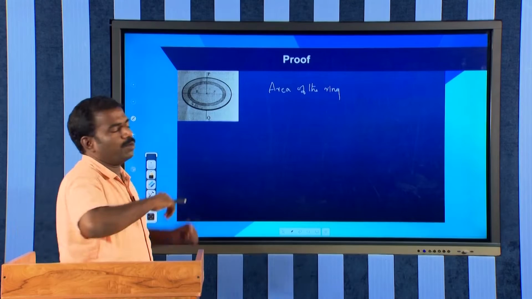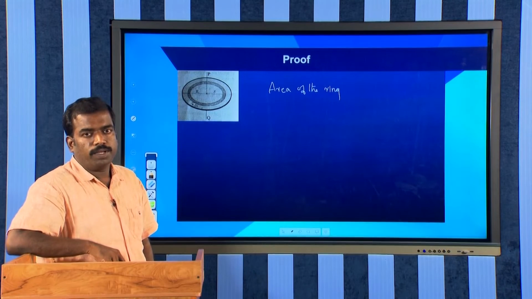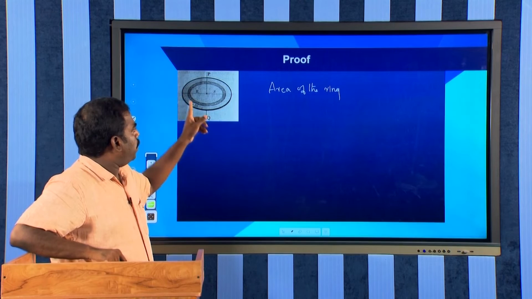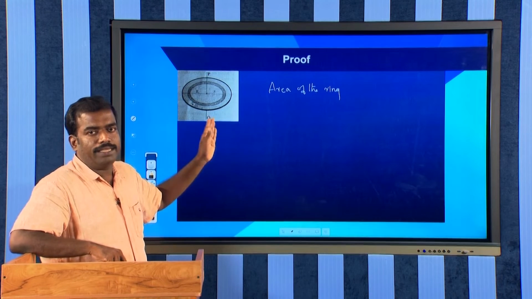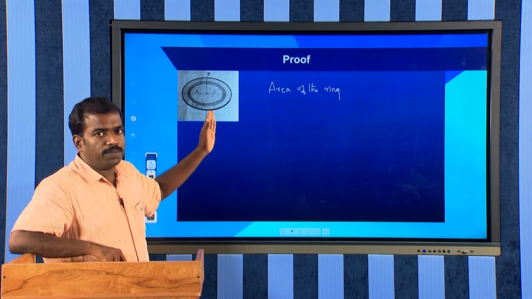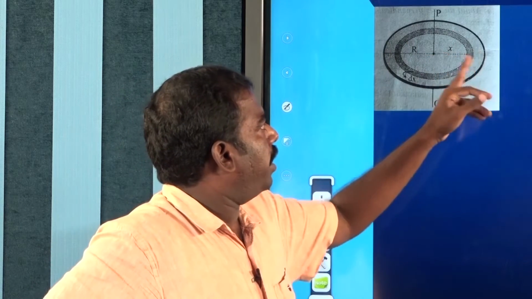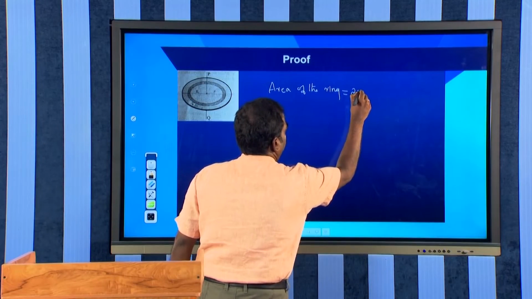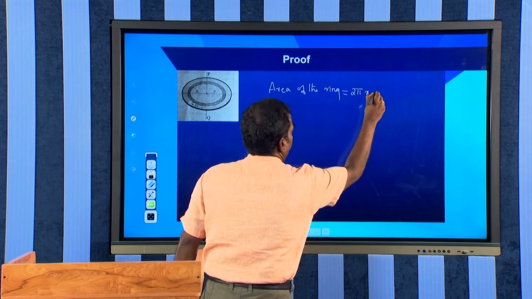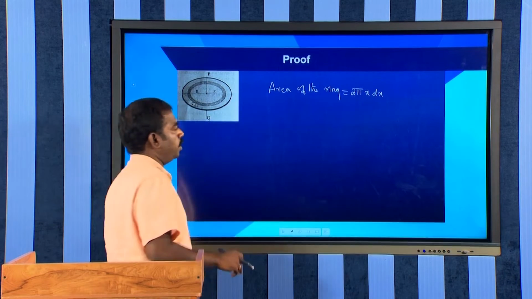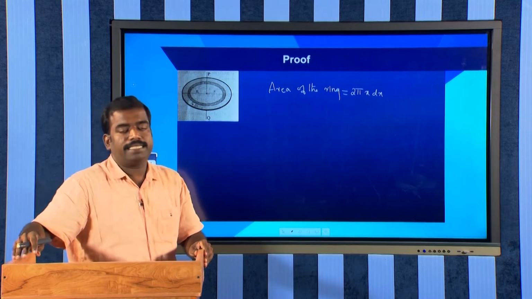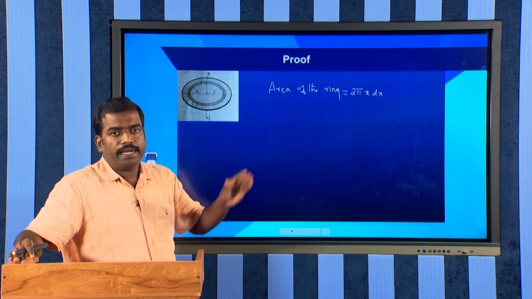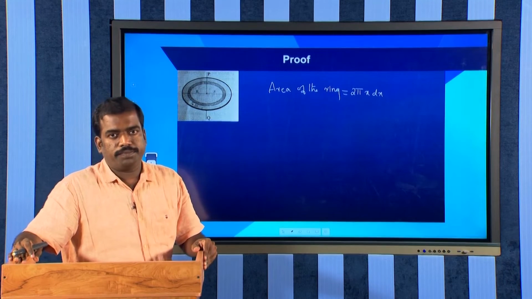It will take the shape of a rectangular bar. So, the area is nothing but length into breadth. That length is the circumference. Its radius is x, so the circumference is 2 pi x, into width dx. So, 2 pi x dx is the area of that ring.